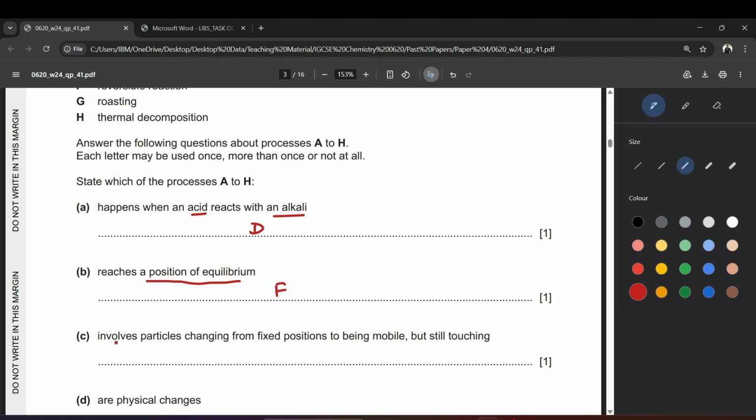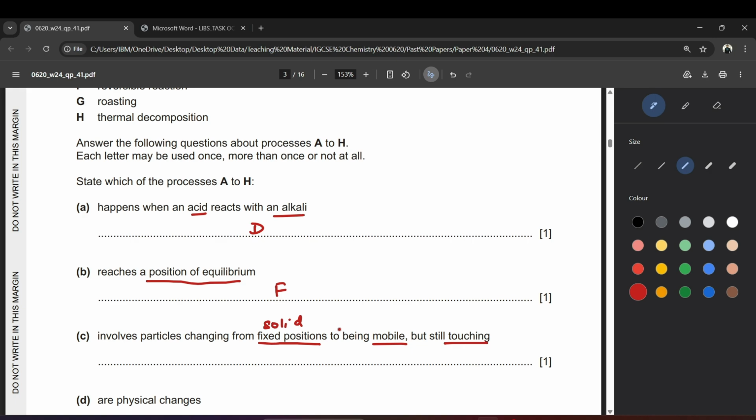Then it says which process involves particles changing from fixed positions to being mobile but still touching. Okay, so let's read this one more time. Which process involves particles changing from fixed positions to being mobile but still touching? So, in which state of matter are particles in fixed positions? That is in solid state.